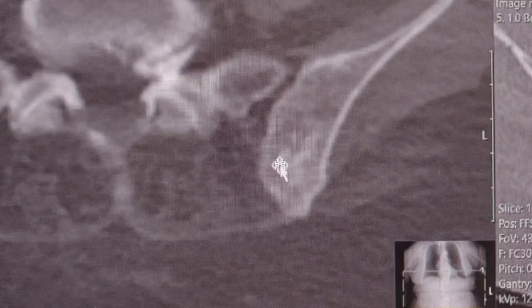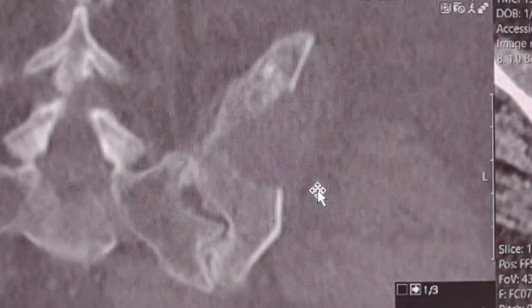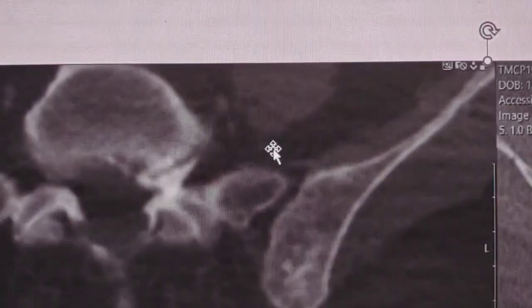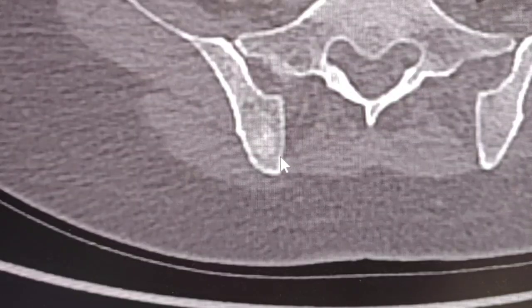Like in this case I showed you previously. So it's a good practice to mention lesions like this in our reports for close follow-up or further evaluation.